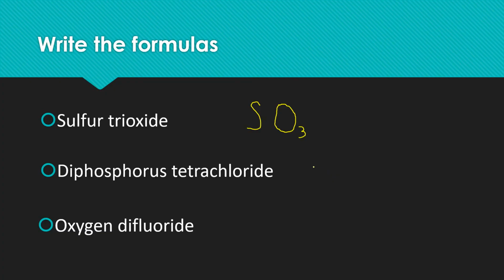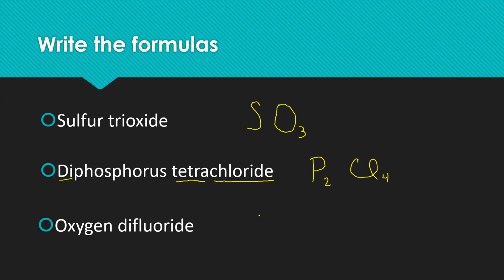Diphosphorus tetrachloride. So diphosphorus means there are 2 phosphorus, P. Chloride means chlorine. Tetra means there are 4 of them. The formula for diphosphorus tetrachloride is P2Cl4.